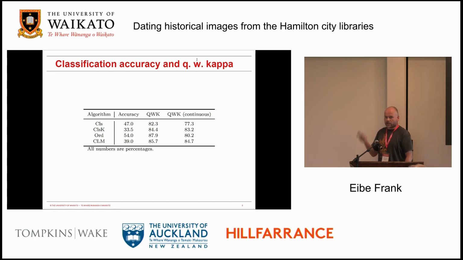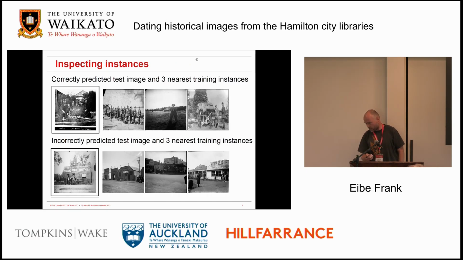You can also look at the quadratic weighted kappa, which is this quadratic loss function that also gives you a nice idea of which method performs best. Sorry, I'm taking a little bit too long, but I want to show this. This is quite interesting because you can look at the predictions that are made and which cases are poorly predicted and which ones are well predicted.